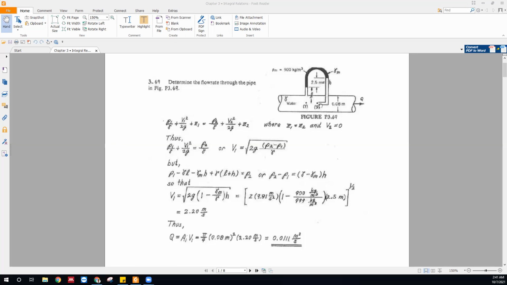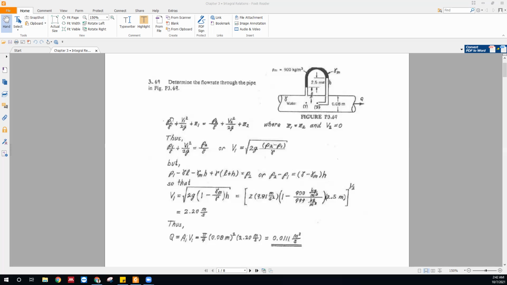Now, point 1 and point 2 are at the same elevation, so z1 equals z2, and z1 and z2 cancel out, right? And for V2, because of this tube position, there is no velocity at this point. So V2 equals 0.